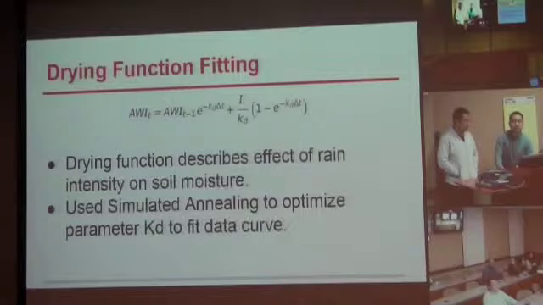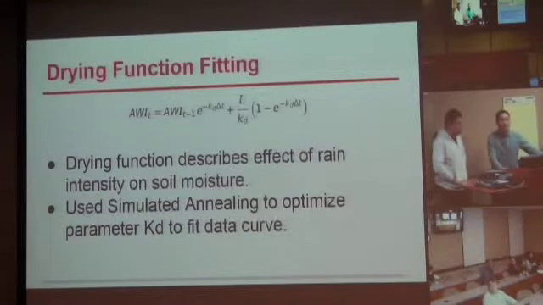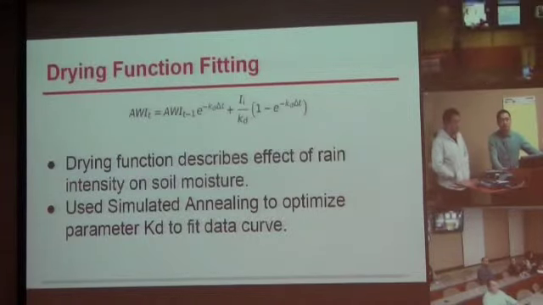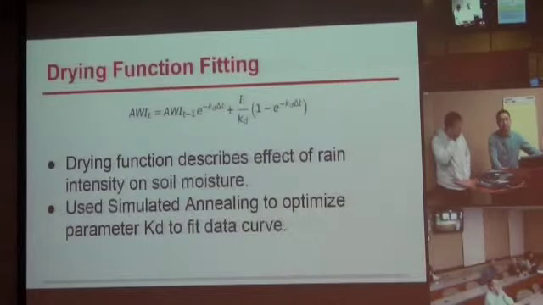The equation here describes, so AWI stands for Antecedent Water Index. Our sponsor has not been able to give us a precise description of what that means, but essentially interpret it as the moisture level, a percentage of the soil. So for example, if the soil was 30% moist, the AWI will be 0.3.